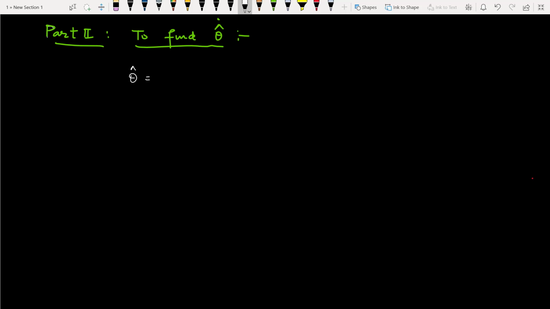Theta cap is cos theta cos phi i cap plus cos theta sin phi j cap minus sin theta k cap. So theta cap dot will be d theta cap divided by dt.